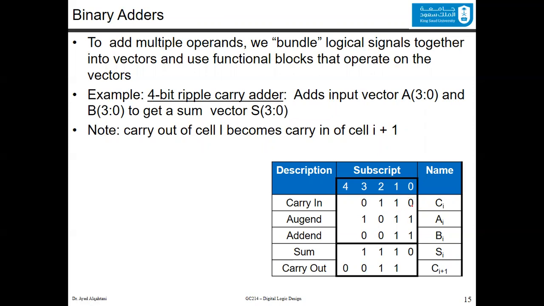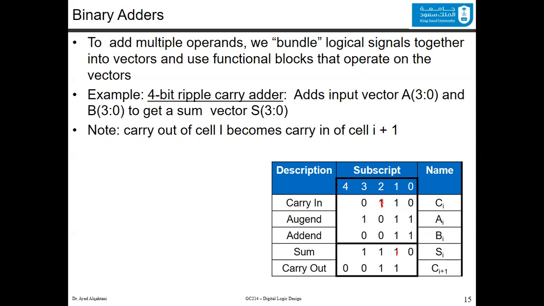So now if you add those 3 binary bits, 0 plus 1 plus 1, the result is 0, carry 1. If you add 1 and 1 and 1, the result is 1, carry 1.